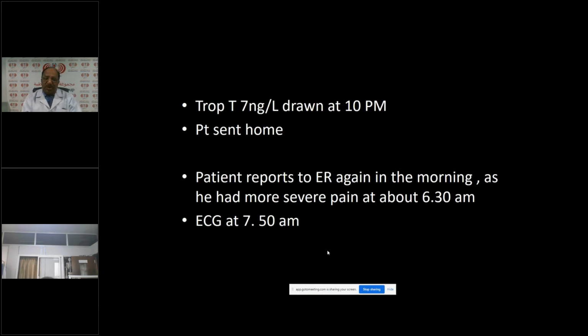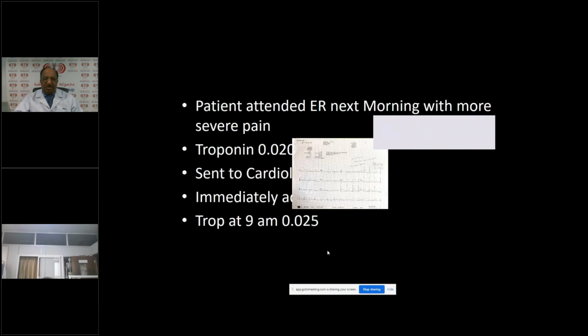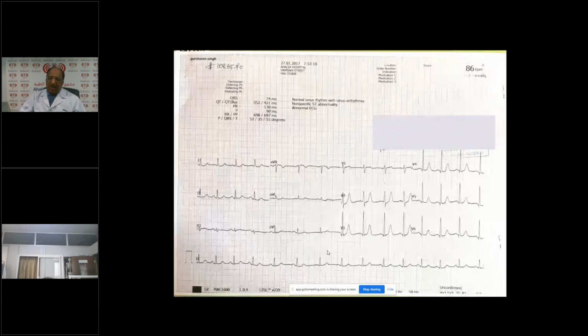The patient reports back to the ER in the morning as he had more severe pain at about 6:30 a.m. An ECG was taken at 7:50 a.m., which was reported by the ECG computer as non-specific abnormality.